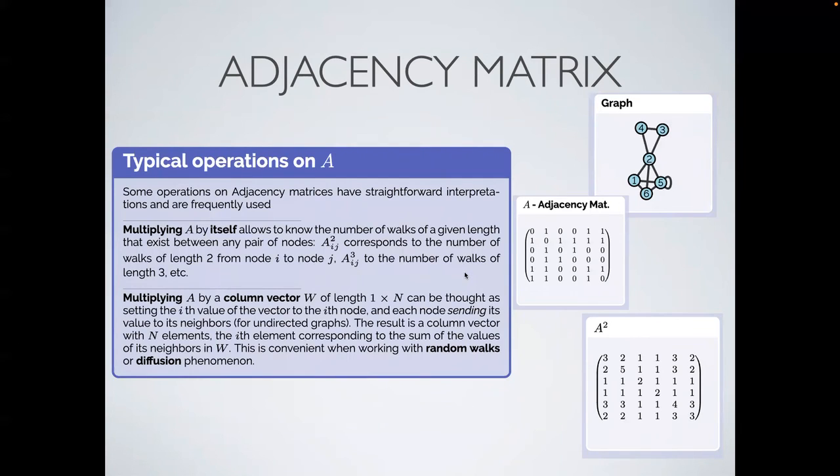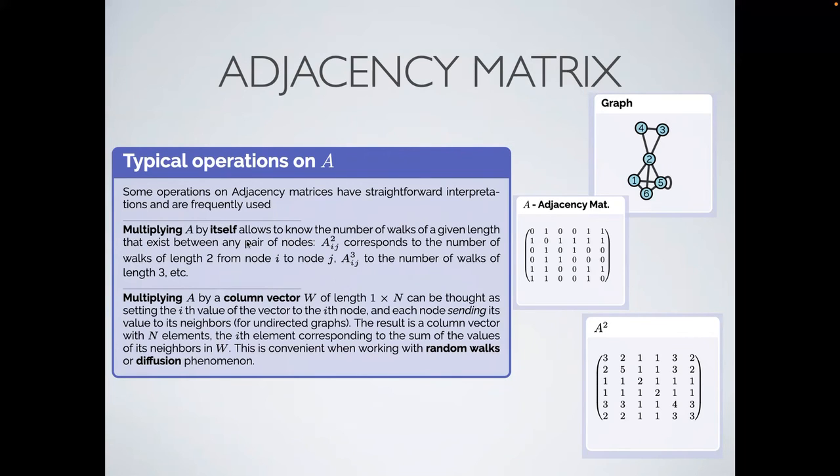What is interesting with this matrix representation is that you can compute some things easily by just doing operations on this matrix. For instance, if I take the square of the matrix, multiplying the matrix by itself, it tells you the number of walks of a given length that exist between any pair of nodes.